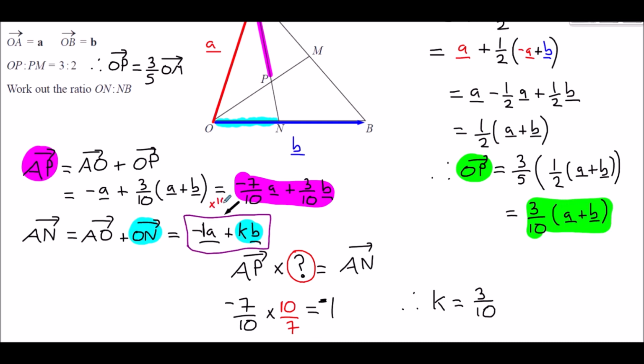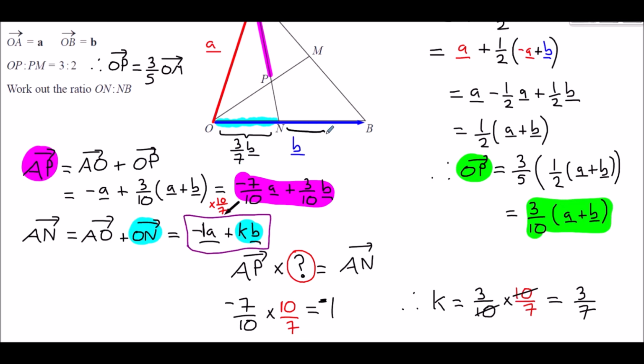So I can write this in here. 3/10 multiplied by 10/7, the 10 and 10 cancel, so k must be 3/7. So in other words, k, this proportion of b, must be 3/7 of b. So this blue is 3/7 of b.